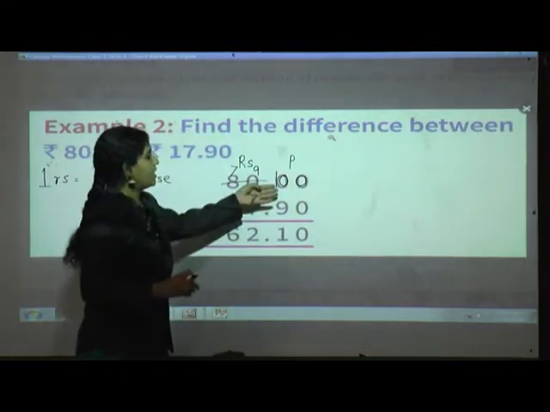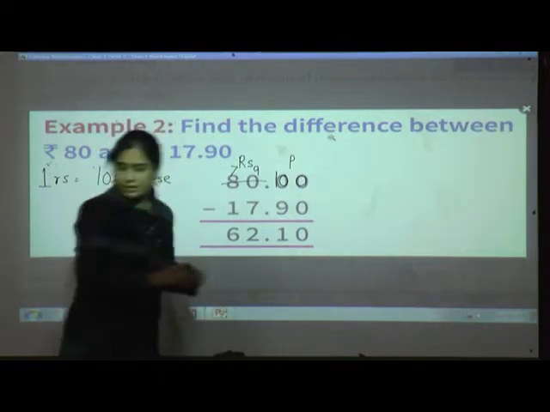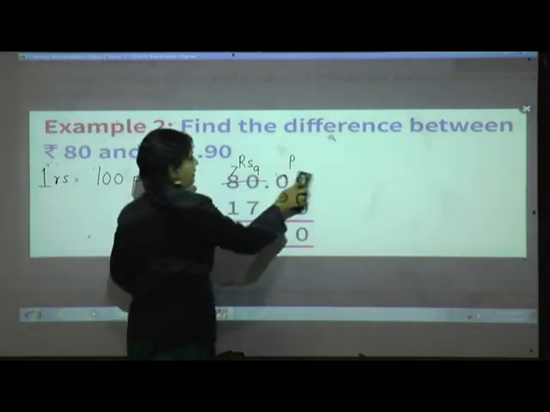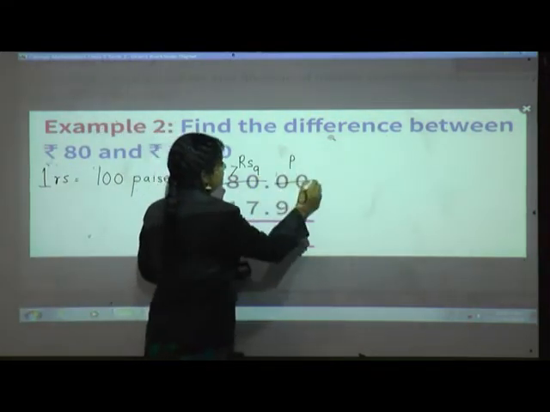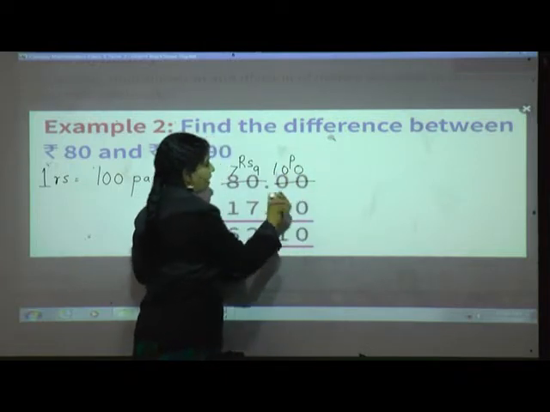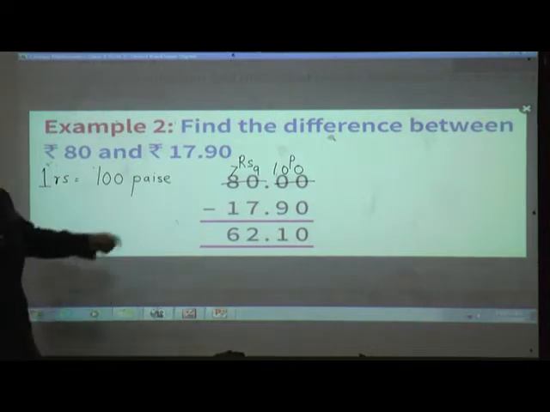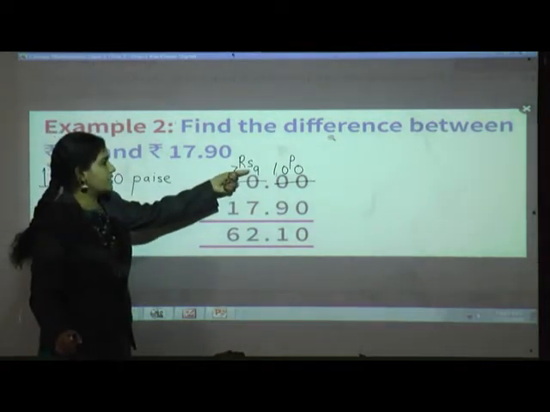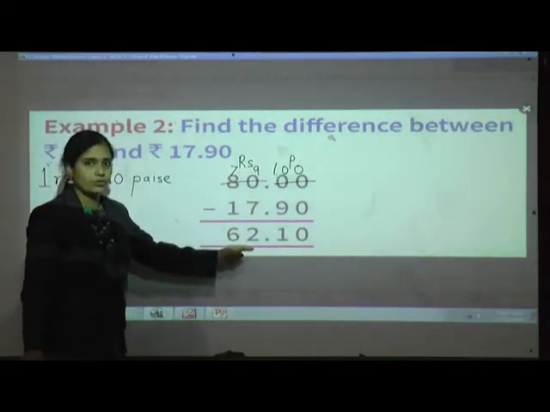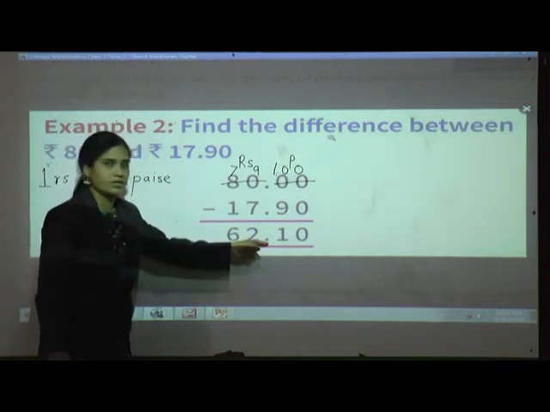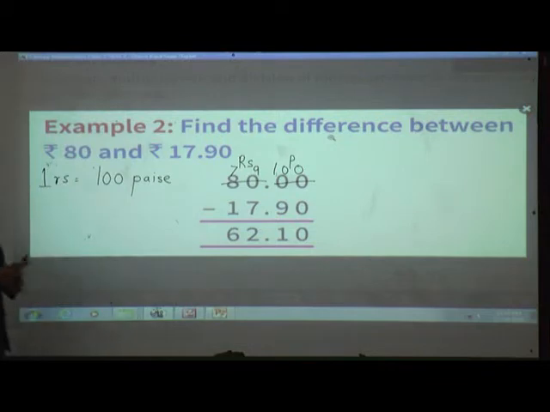So students, 100 minus 90, 10. Very good. Now in the 79 rupees, 9 minus 7, 2. 7 minus 1, 6. And here the point. So the answer is 62.10.